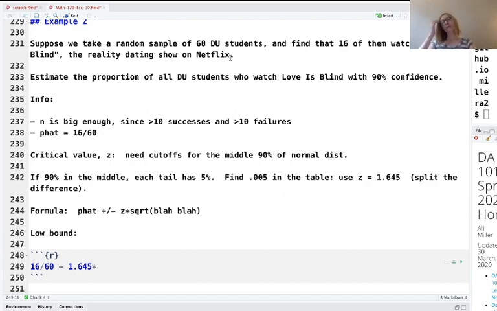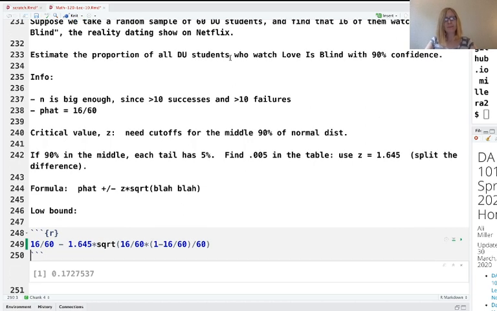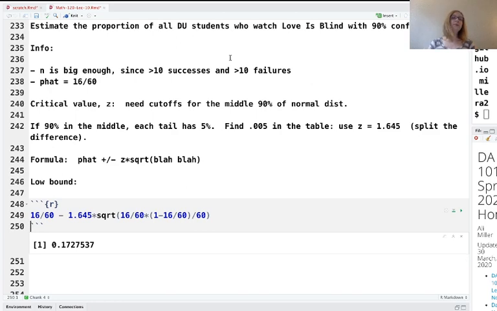That's the z-score that we just found. Times the square root of 16 out of 60 times 1 minus 16 out of 60, divided by the sample size, which is 60. Get a lower bound of 17-something%.